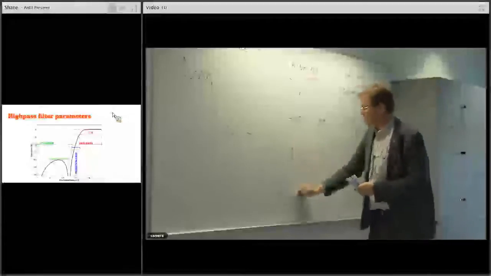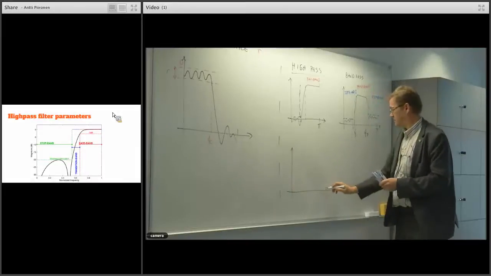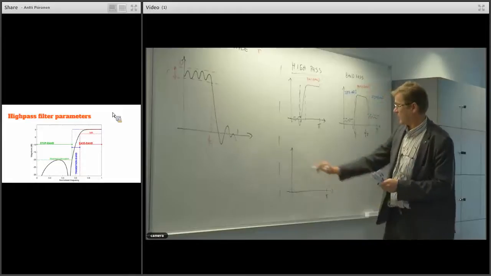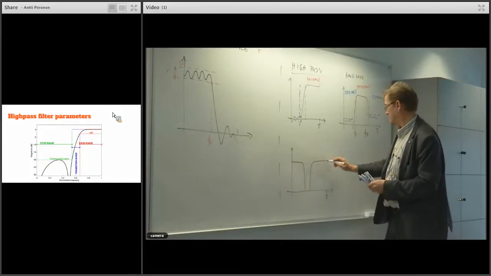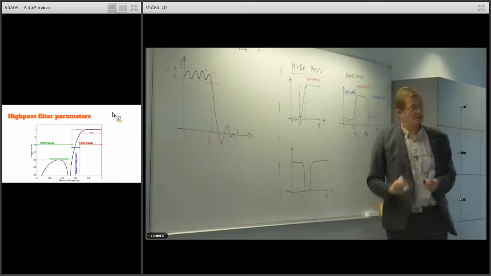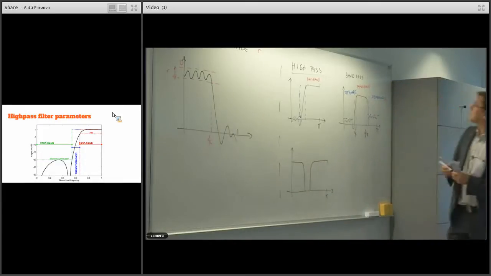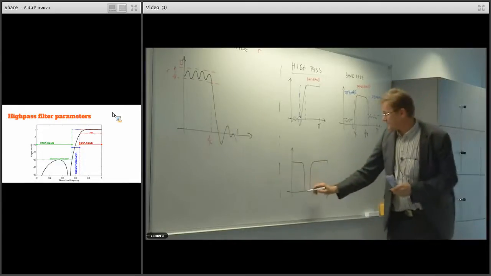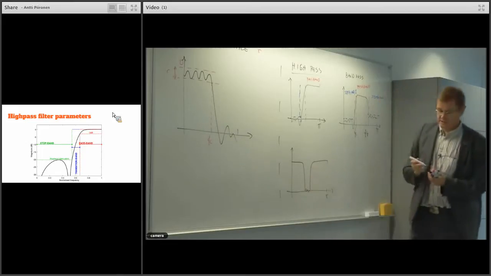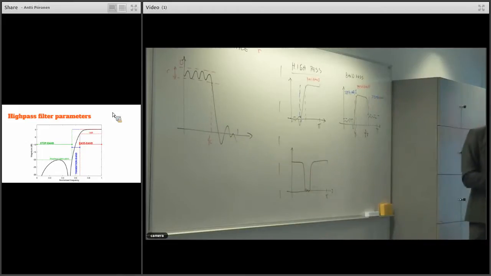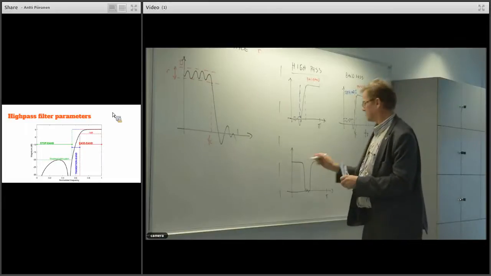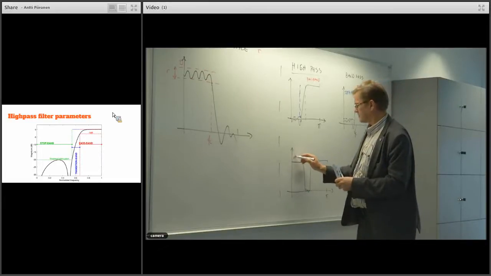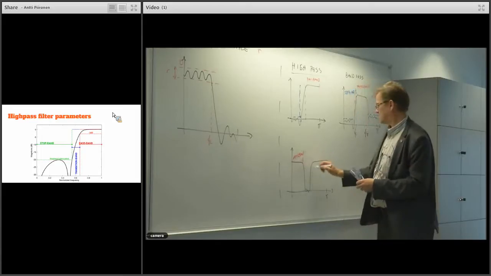band stop filter. Well, it looks like this. Two pass bands, and in between there is the stop band and the transition bands. The lower pass band, the higher pass band here.